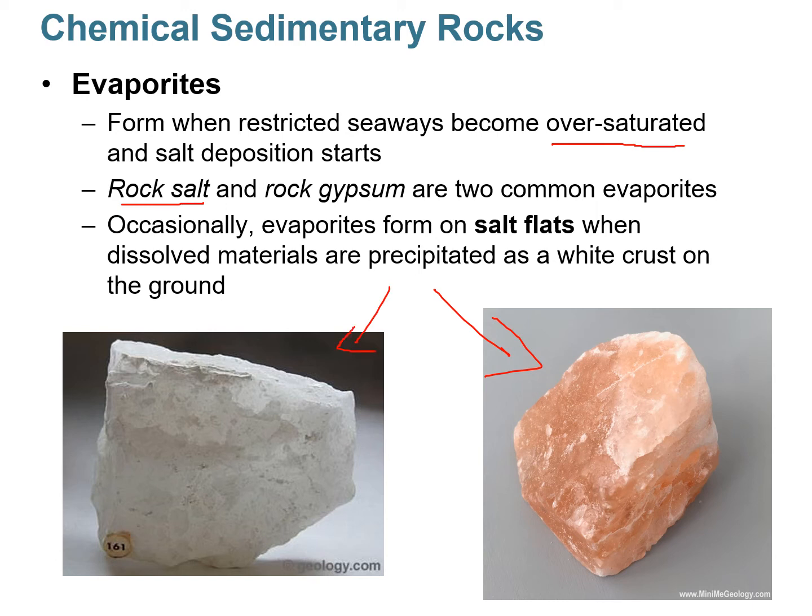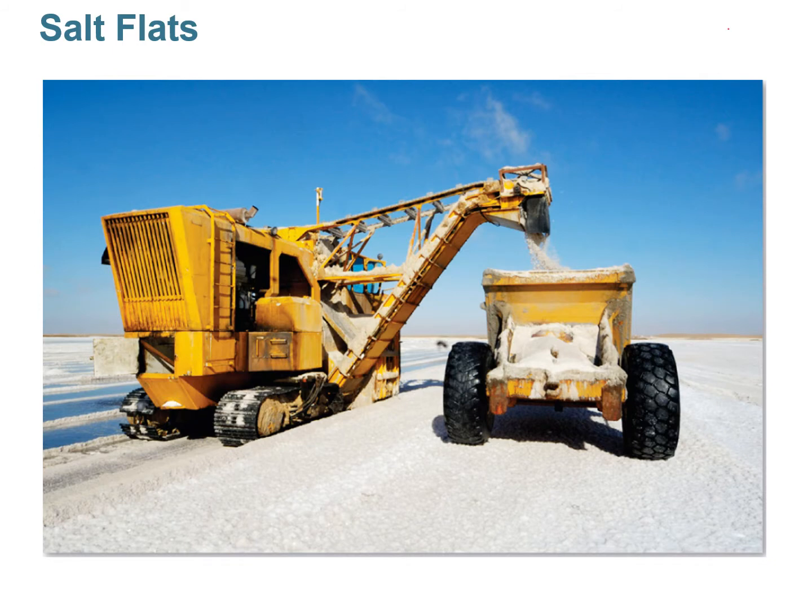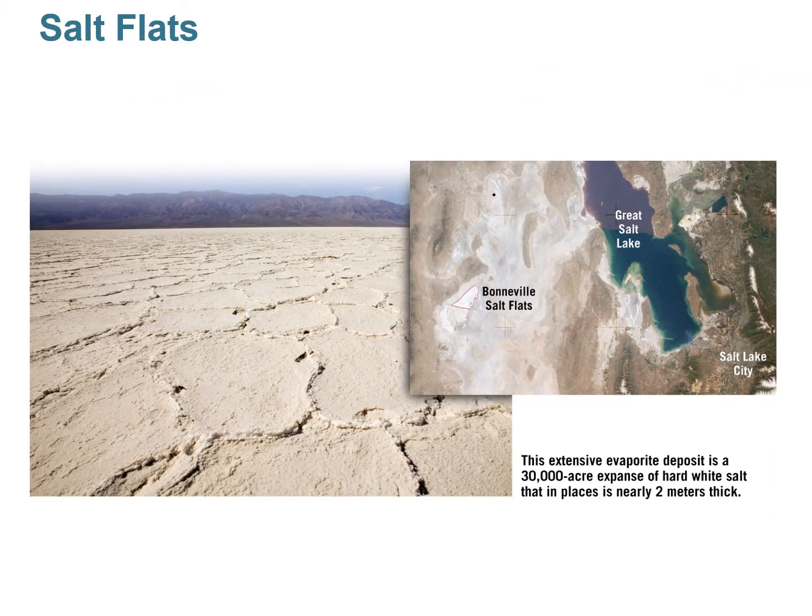And so a lot of evaporites will form on salt flats. Okay, that's when this dissolved material precipitates as kind of a white crust on the ground. You can also find a lot of salt flats in Death Valley, California. This is a picture directly from the Morton website. These are the salt flats, and they're collecting salt. Makes our food taste delicious, doesn't it?